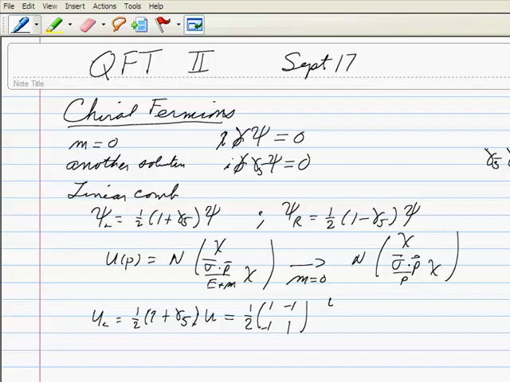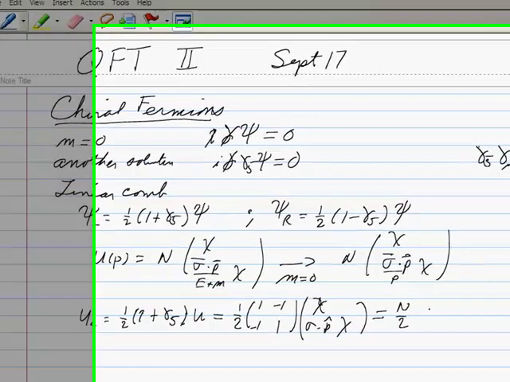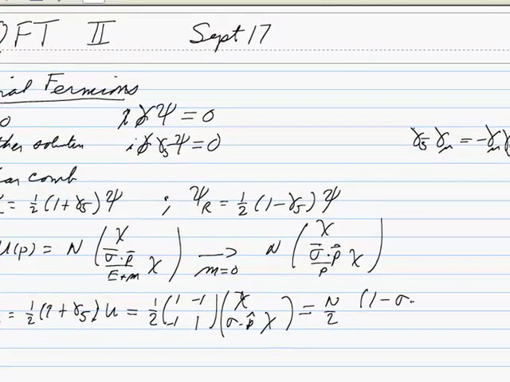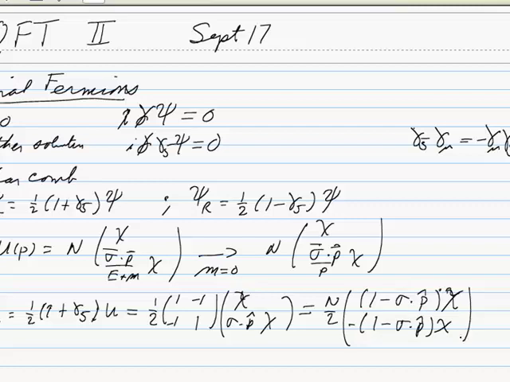And then u is chi, sigma dot p hat chi, where p hat is the direction. This then turns into 1/2 (1 minus sigma dot p hat) chi, (1 minus sigma dot p hat) chi, with a minus sign there. So both upper and lower are the same, so you've only got half as much information.